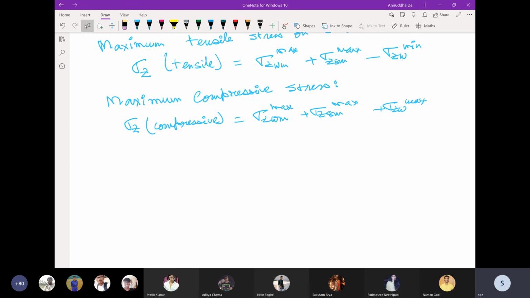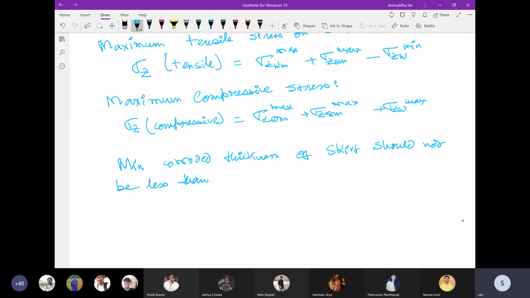One point has to be noted: the minimum corroded thickness of the skirt should not be less than 7 millimeter.